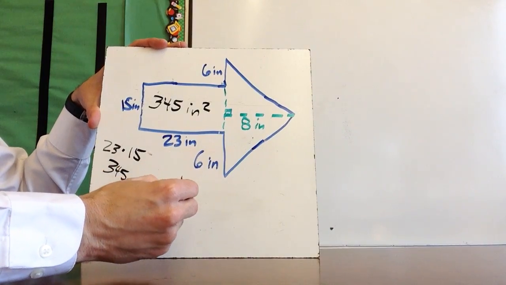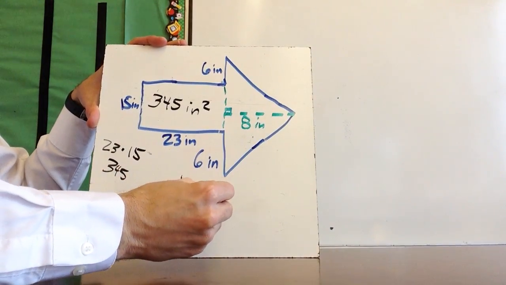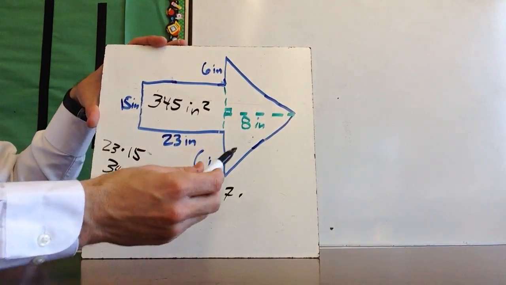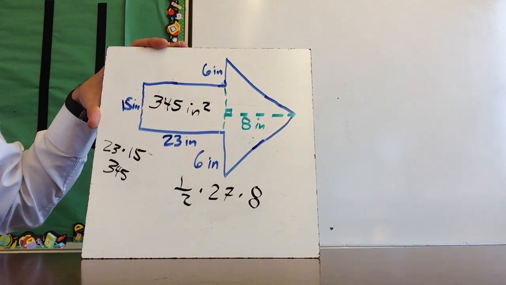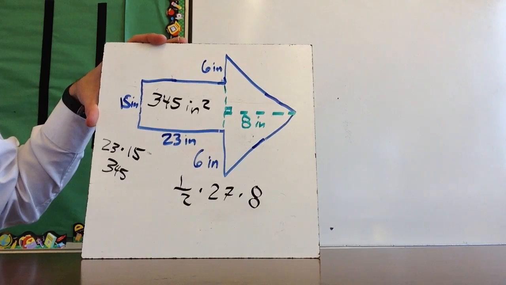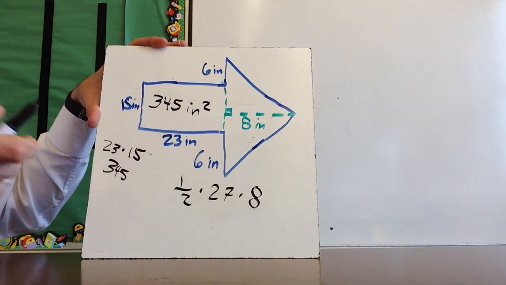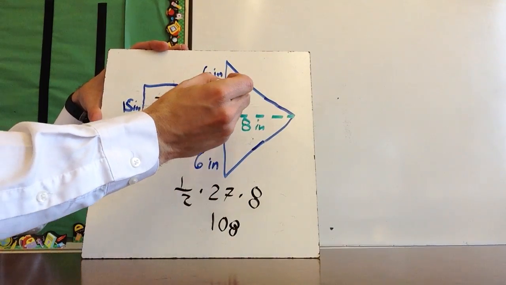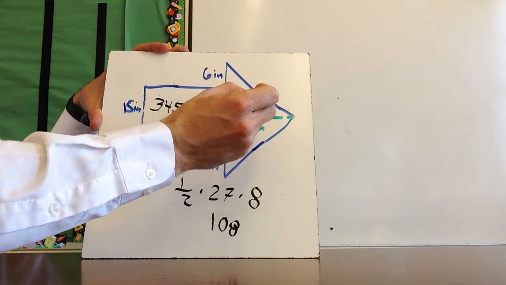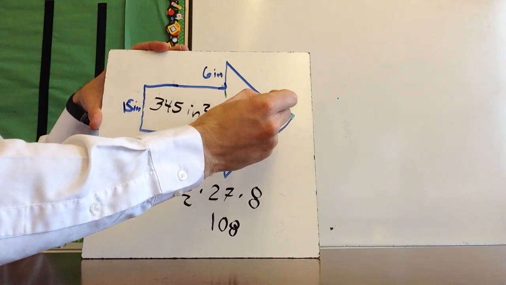So I got 1/2 times 27 times the height, which is 8, right? And so this then means that the triangle is 108. And so the area of this triangle is 108 square inches.